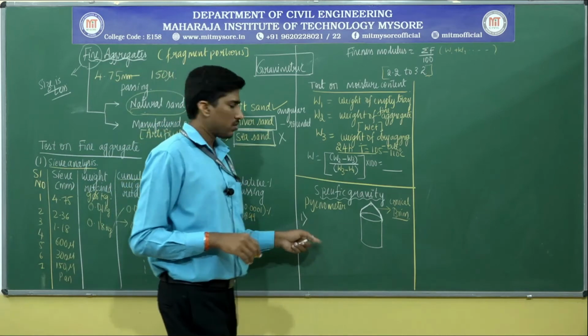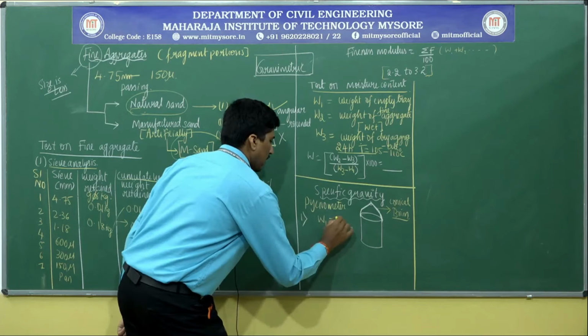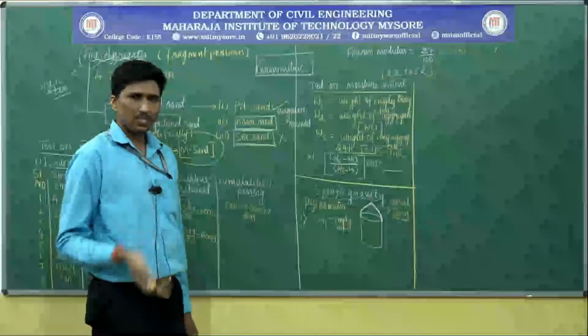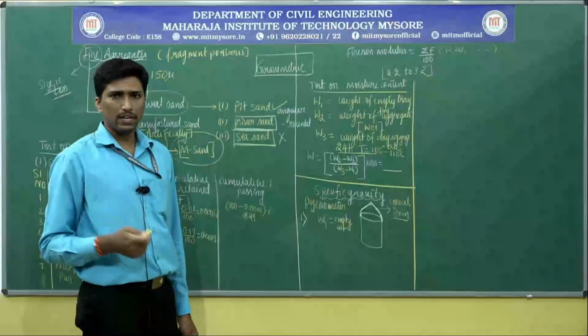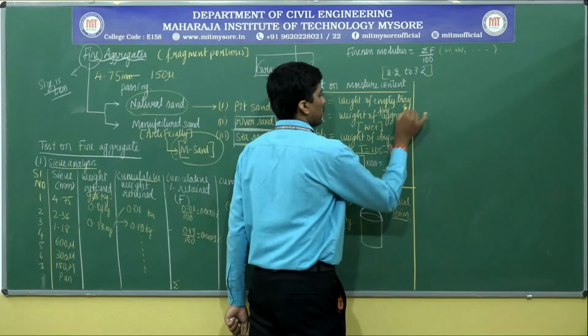So here you take the initial weight of the pycnometer, W1, the empty weight, and express it in grams or kilograms.